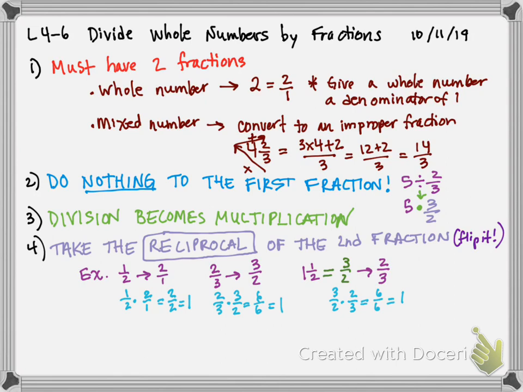So this is a property, and a property is a rule that always works. This is the property called the inverse property of multiplication.